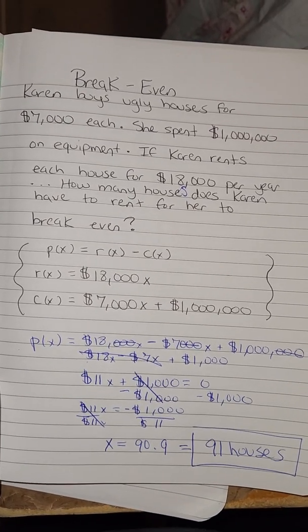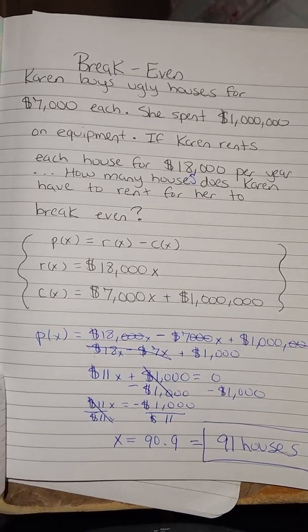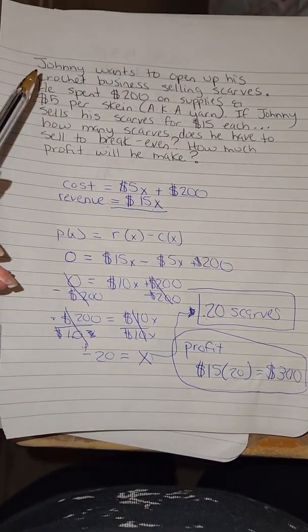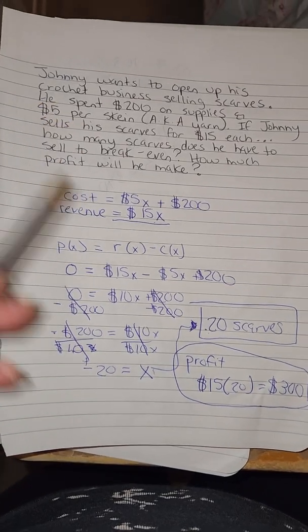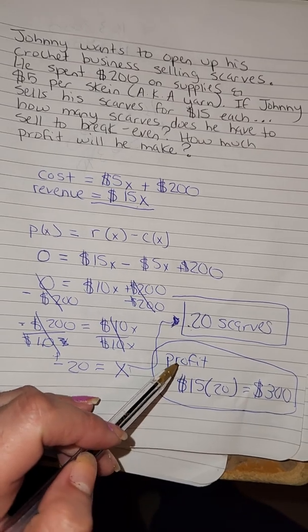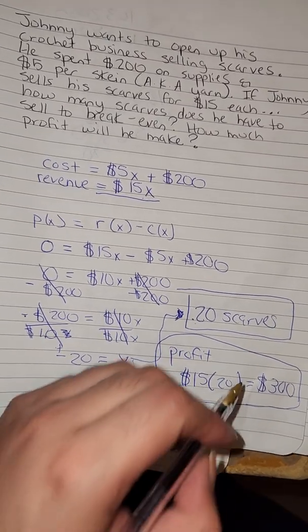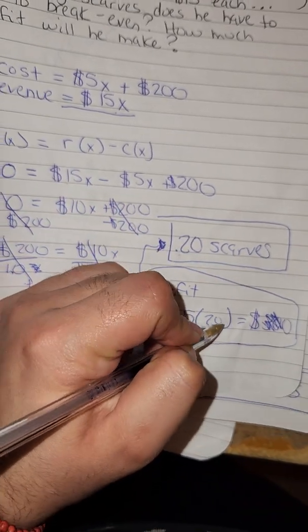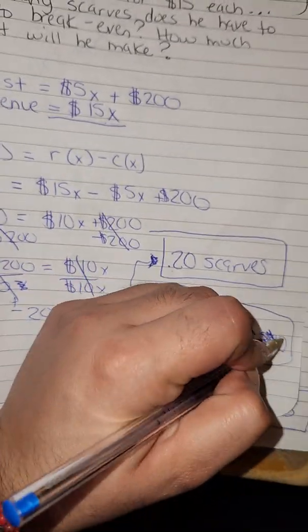And on the last note, I want to add something. I was checking this problem about Johnny who wants to open up his crochet business. His profit is actually $0. Why?